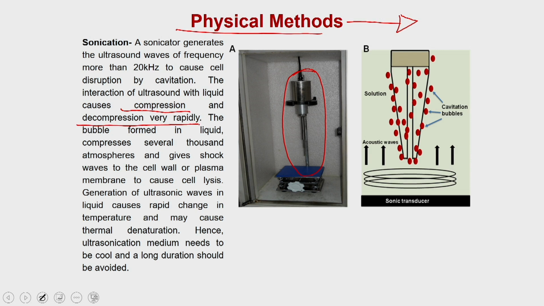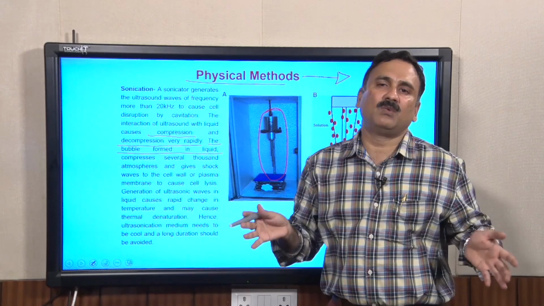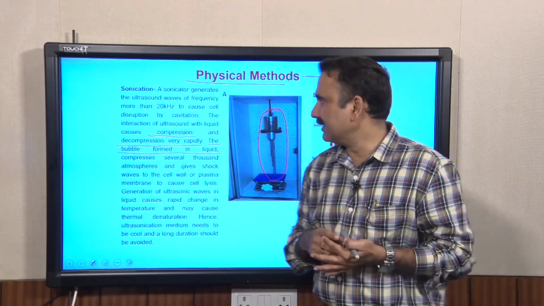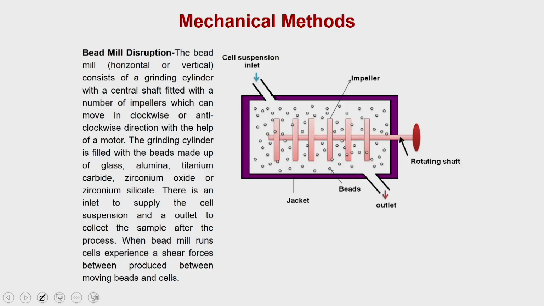Bubbles are formed in the liquid, and because of the compression and decompression, there will be a change in pressure within the liquid, and that change in pressure is going to lyse the cells. Then we have also discussed the mechanical methods.